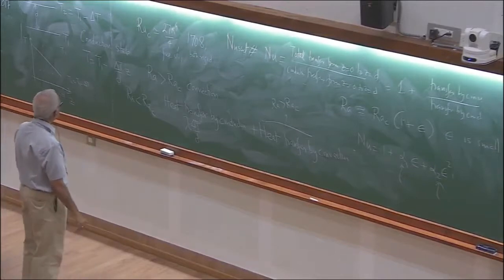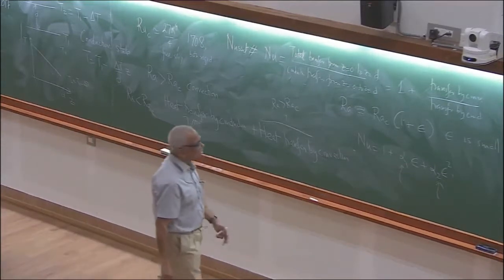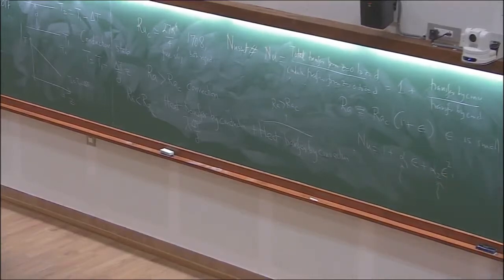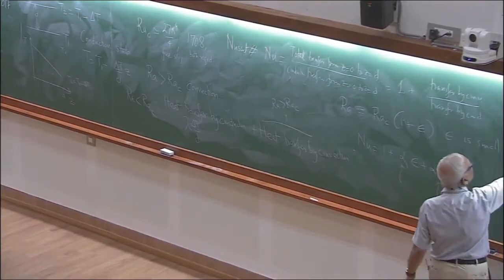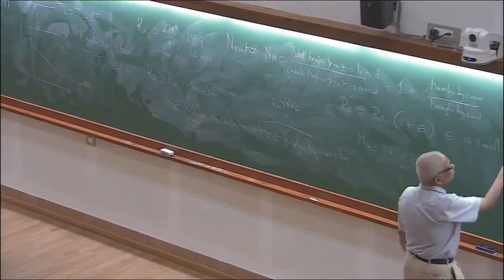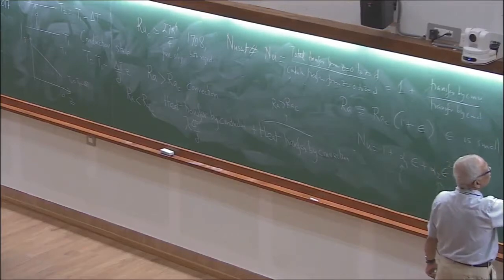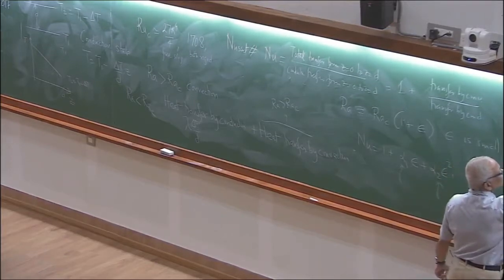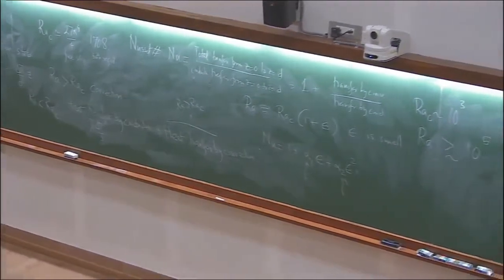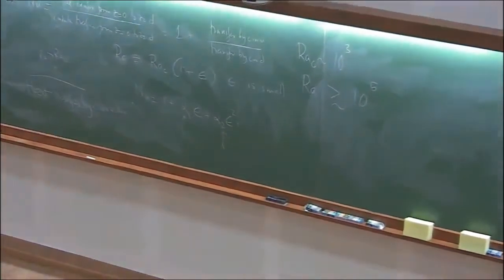But then, when this Rayleigh number becomes much greater than RC, where RA critical is like 10 to the power 3, if I'm now looking at RA greater than about 10 to the power 5, then this temperature profile changes dramatically.